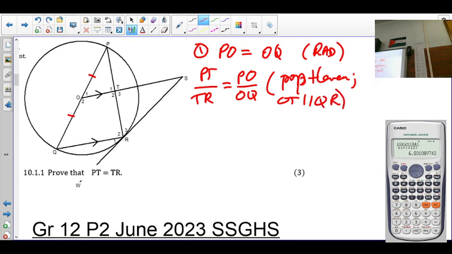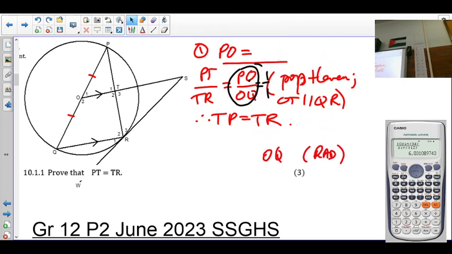But since that is the case, that would simply be equal to 1/1. Can you see that, people? If PO is equal to OQ, then it has to be 1/1. Which means, therefore, TP is equal to TR. That's one way.